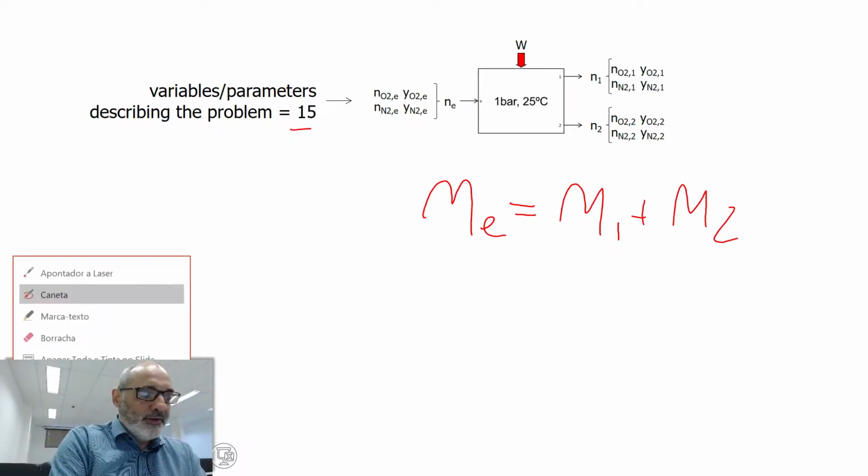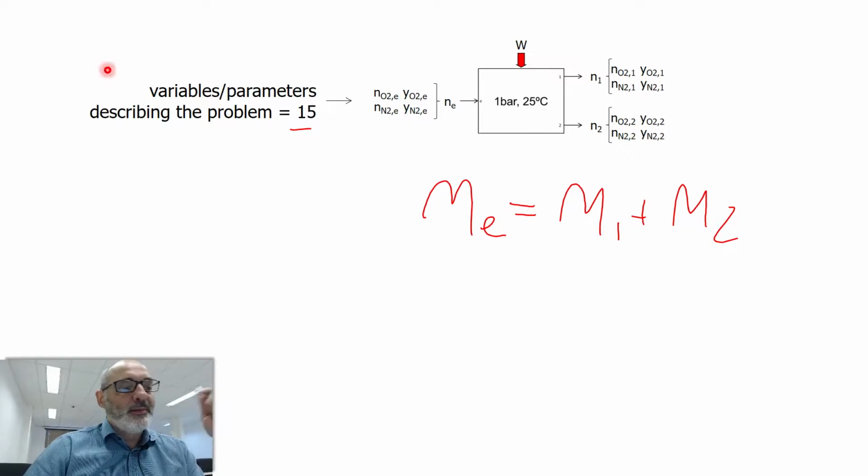Other variables, what I'm calling describing variables or parameters: I have concentrations at E, at 1 and 2, YO2 and YN2, and I also have molar flow rates.